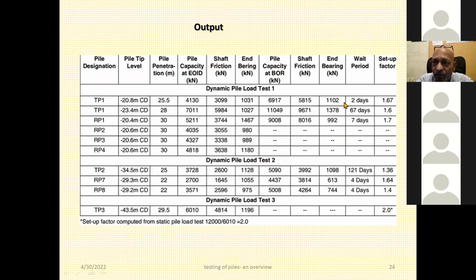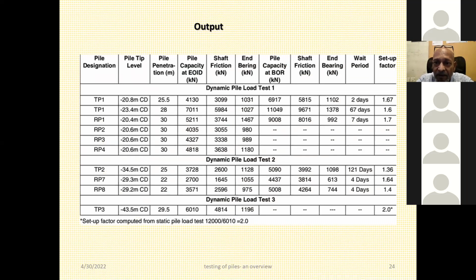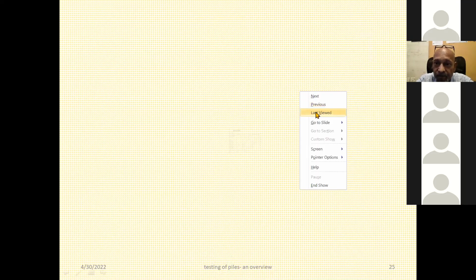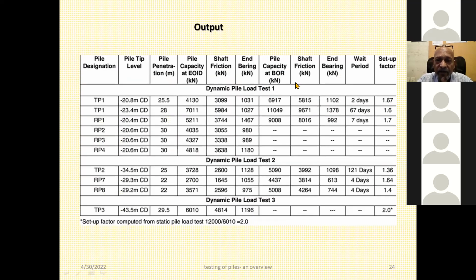This is a typical output where you see this. The one benefit of the dynamic load test is that with this test you can find different components of pile capacity. You can find the end bearing capacity component. You can find the friction component.